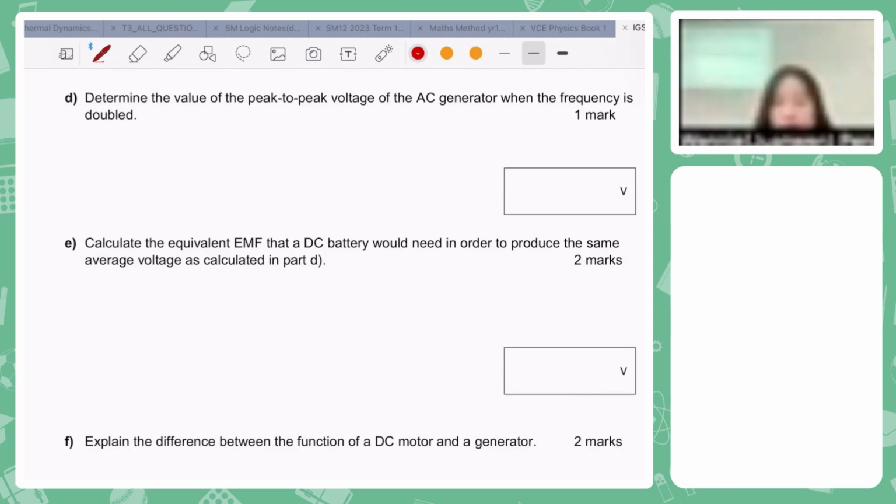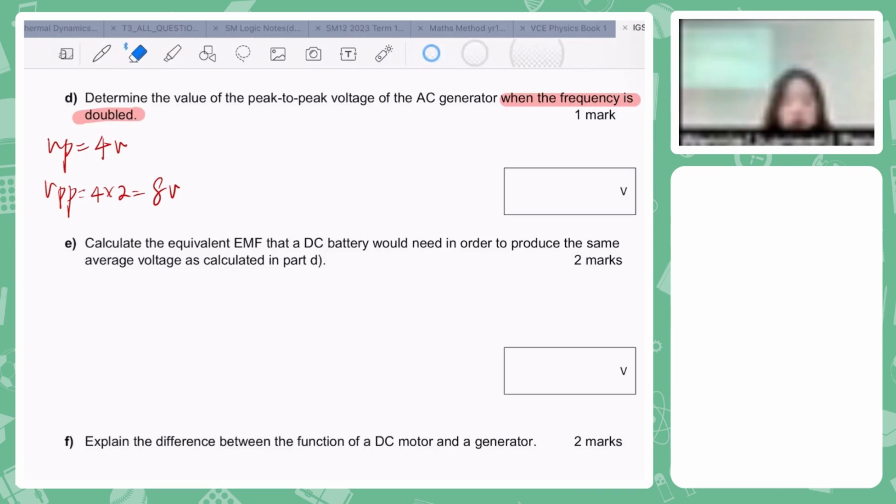Yeah, I know your idea, but the question specifically asks you when the frequency is doubled. So they ask you to solve out the voltage, but in the new scenario. So if you see the scenario you drew before, the peak value is 4 volts, and the peak to peak is 4 times 2, which is 8 volts. Because they ask you to refer to the frequency when it is doubled, that's the new graph you drew right now.